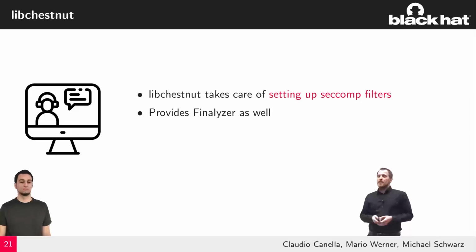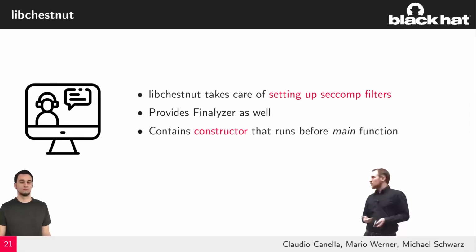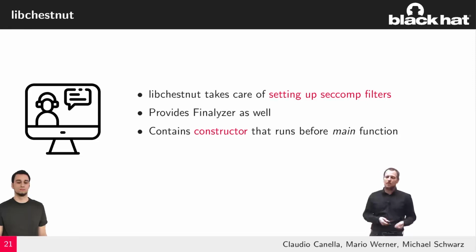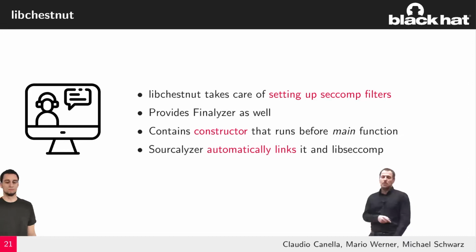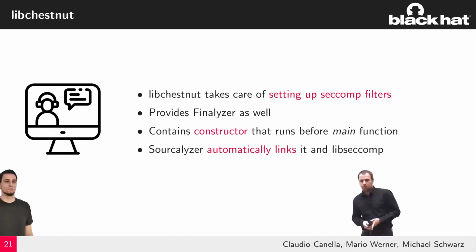The way it works is it registers a constructor, like in a C++ program, but in this case in a C program, which is automatically called on program startup, and in this constructor we set up the seccomp filters. Additionally, Sourcealyzer, which we introduced before, automatically links to this library, so all you have to do there is to use the sandboxing flag of the compiler, and you get the completely protected binary at the end.